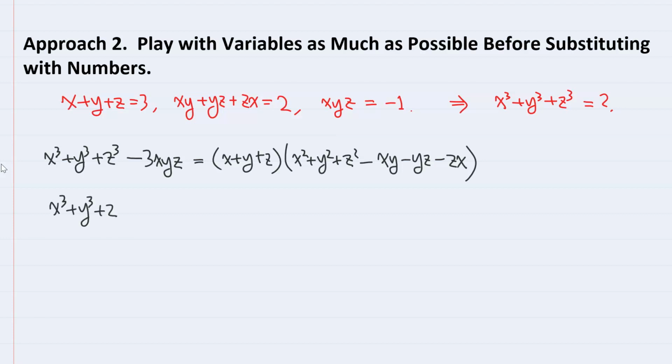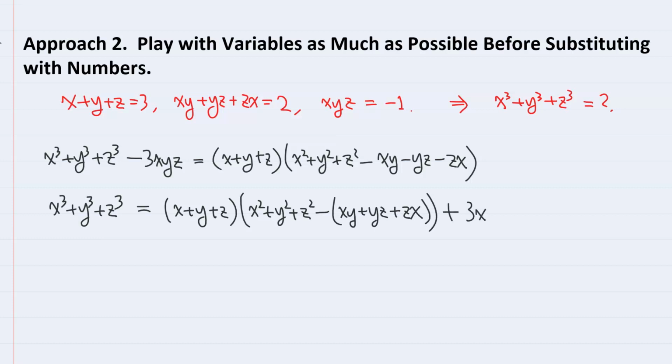Here, leaving only x cubed plus y cubed plus z cubed on the left-hand side, we have x plus y plus z times x squared plus y squared plus z squared minus xy plus yz plus zx plus 3xyz. And we have these given values, so only this part, x squared plus y squared plus z squared, is not given. So let us try to express this part with given expressions.